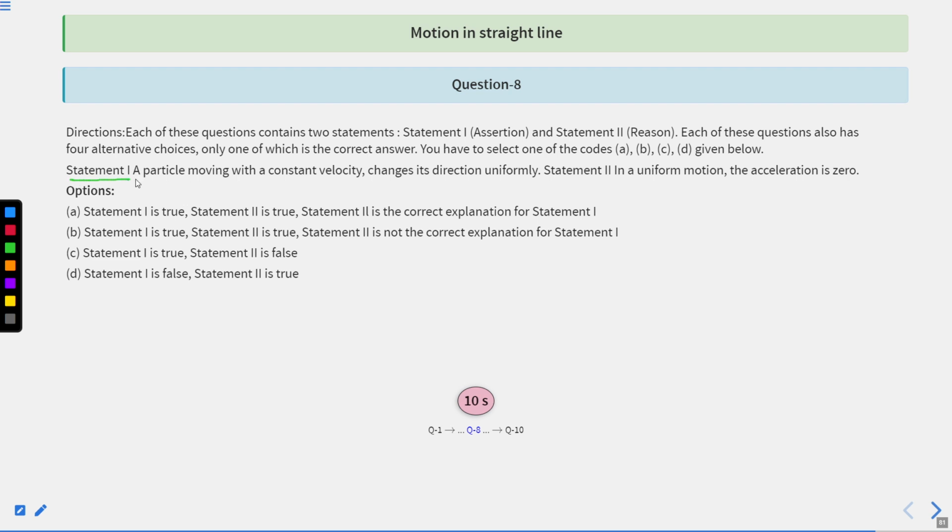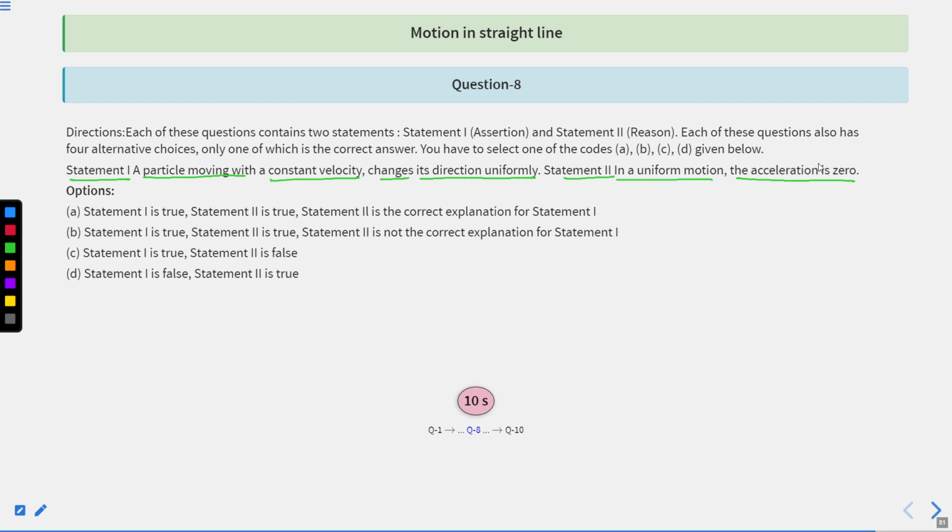Statement first: a particle moving with a constant velocity changes its direction uniformly. Statement 2: in a uniform motion, the acceleration is 0. Which statement is correct?